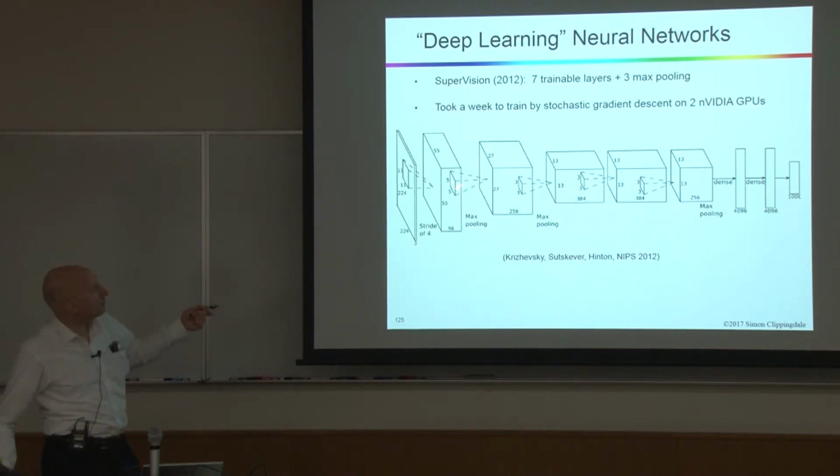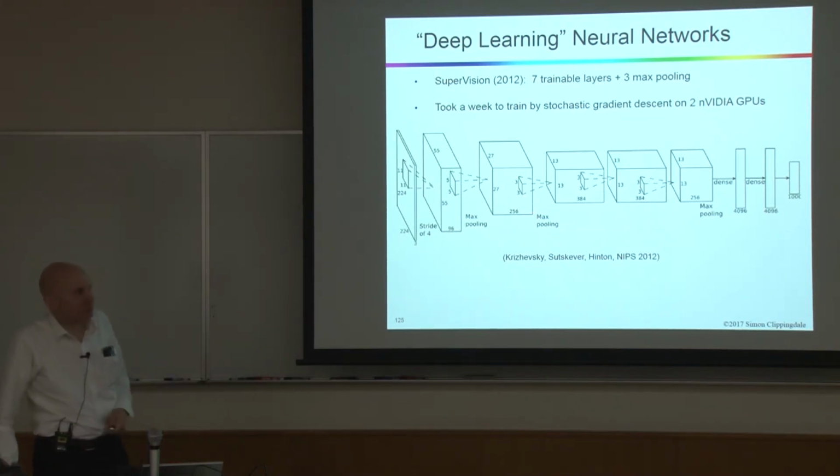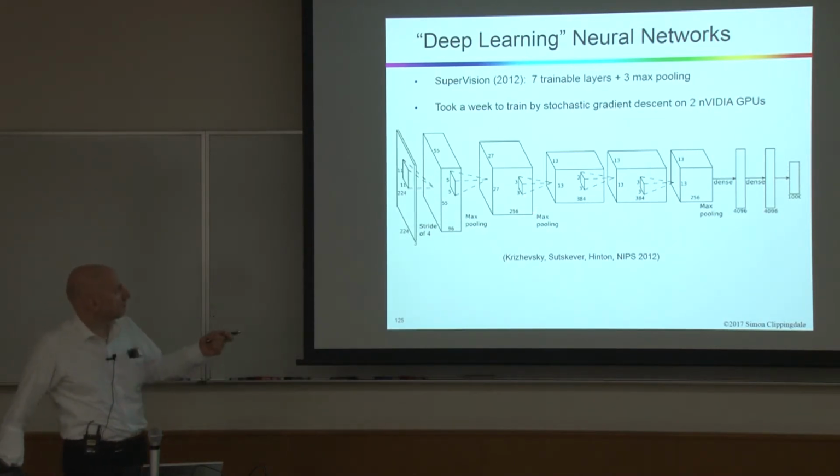Then there's a max pooling stage, which we just spoke about, where you reduce the spatial resolution by taking a local maximum of the input, in this case in a 5 by 5 area. Another stage here. Now we're down to 27 by 27, but we have 256 of these planes within this layer that can represent different types of signal.